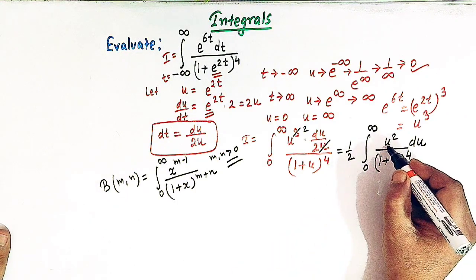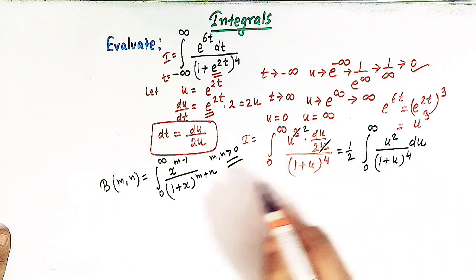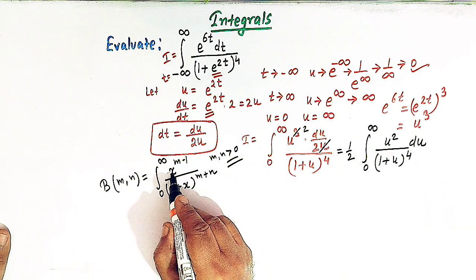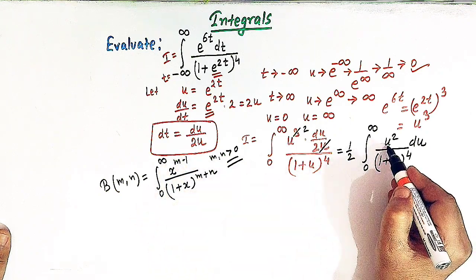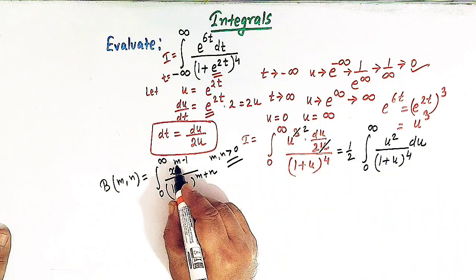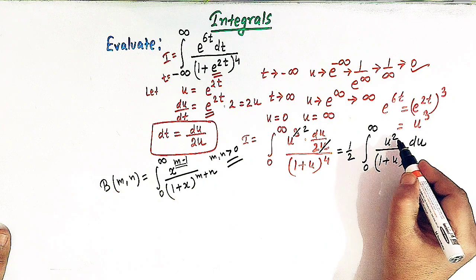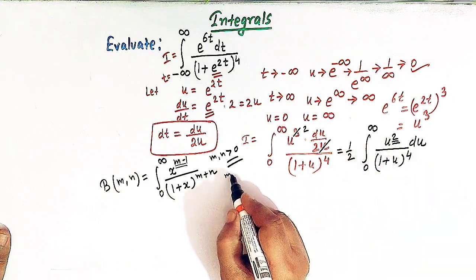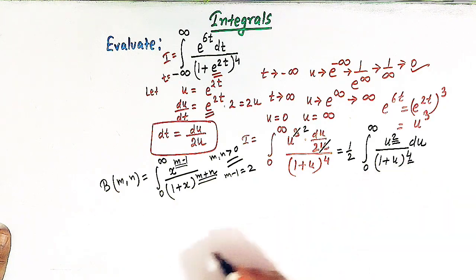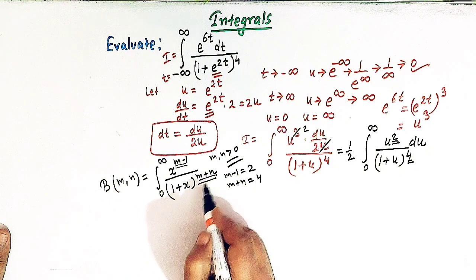So now here we have the integral in terms of u. So we can now compare these two integrals, right? Here we have x raised to m minus 1, and here we have the variable u. So we can form two equations in m and n. So m minus 1 can be equated to 2, and m plus n can be taken as 4, right? So that we can find the values of m and n.